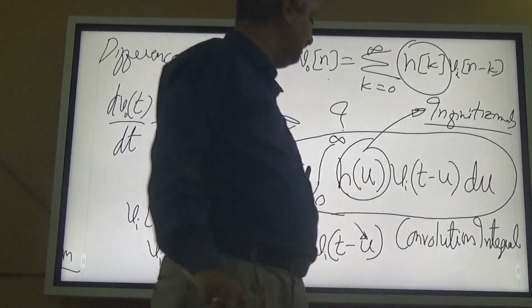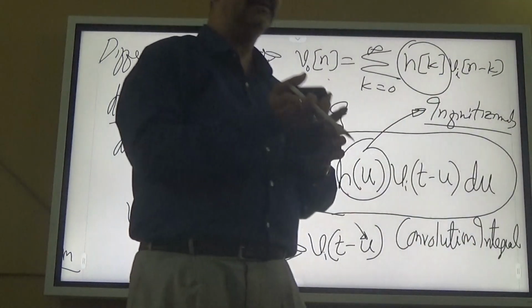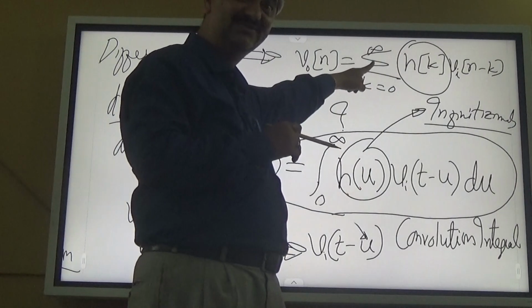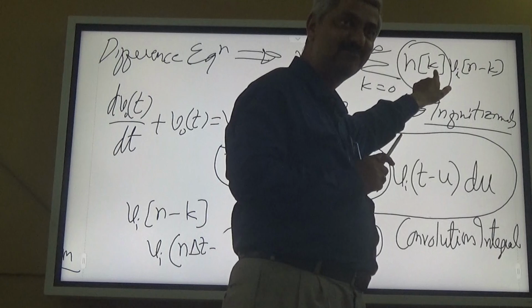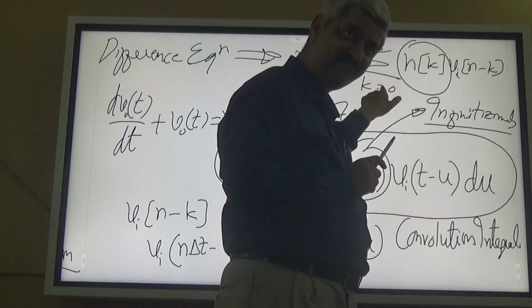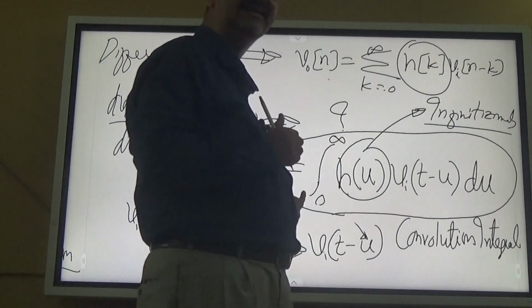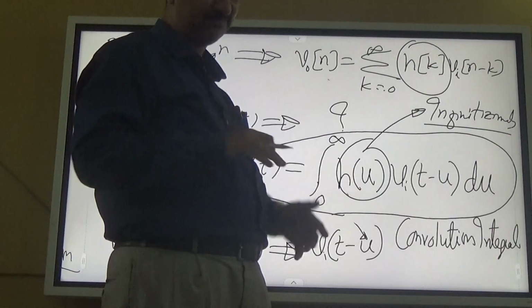So the weighted sum of countably infinite points is a sum, and when these are uncountably infinite points, it becomes an integral. So convolution sum and convolution integral, I tried my level best to explain. We continue next time. Thank you.